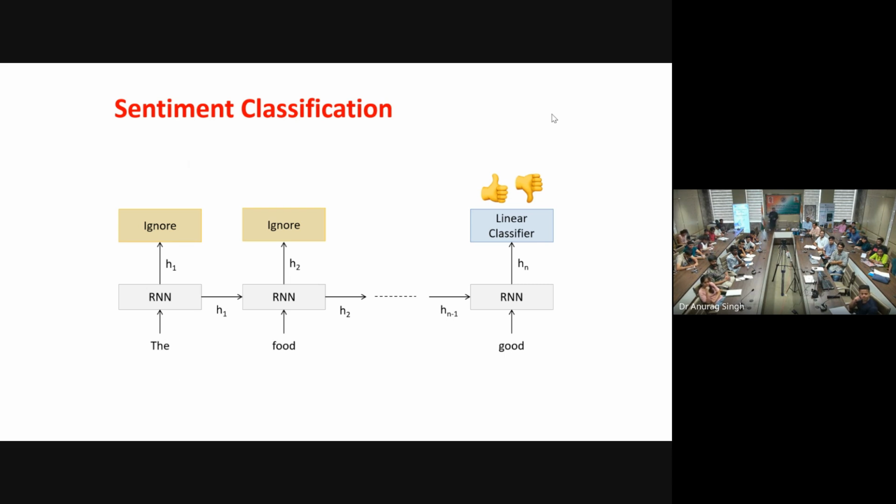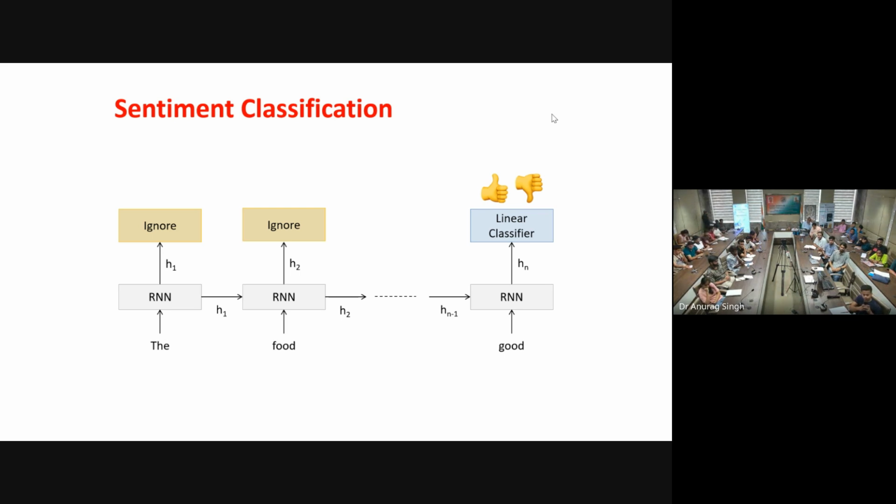Now let's see how I'm going to solve the sentiment classification problem. About one particular hotel, somebody has written that the food is this. Ultimately I have to give only one output, and that output is the ranking of that restaurant, 0 or 1.